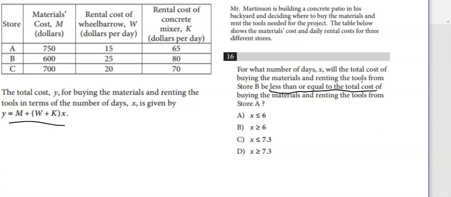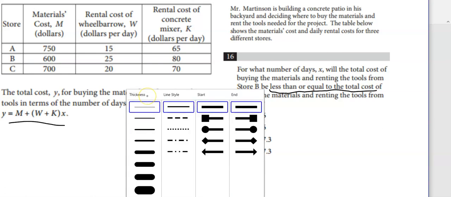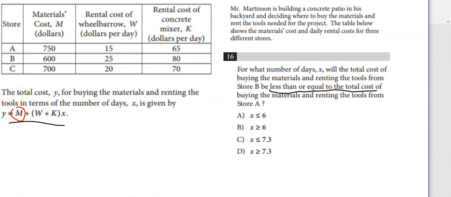So if we plug in, say for A, let's just do that here. So let's plug in for A and see what we get. So I'm going to plug into the equation here. So M is right here, 750.